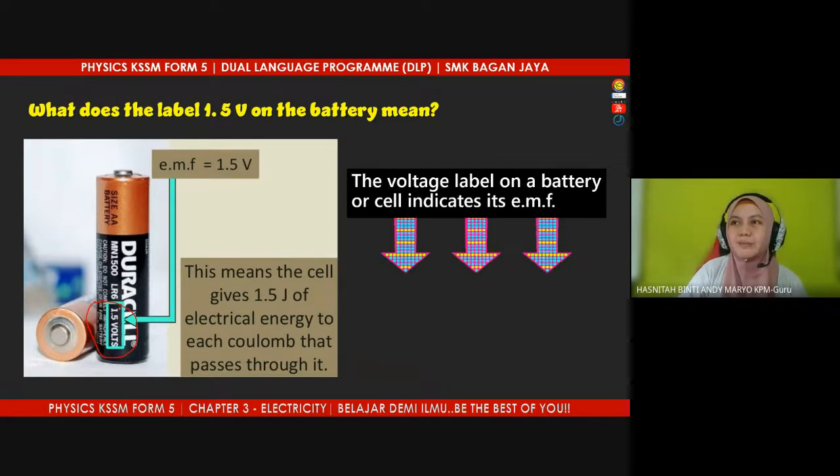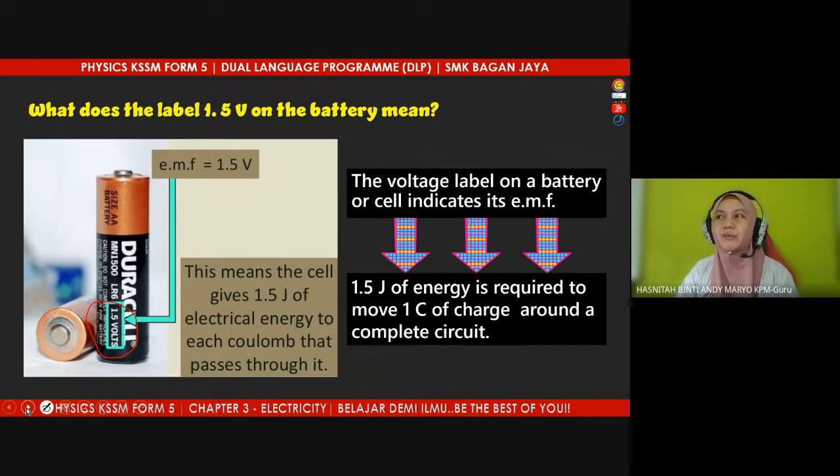So this label actually represents the EMF of the dry cell. It shows that the EMF of this dry cell is 1.5 volt. Okay, so the voltage level on a battery or cell indicates its EMF.